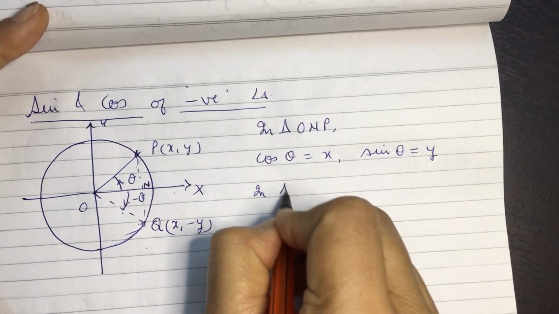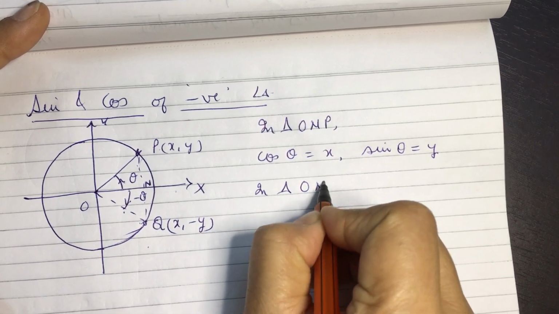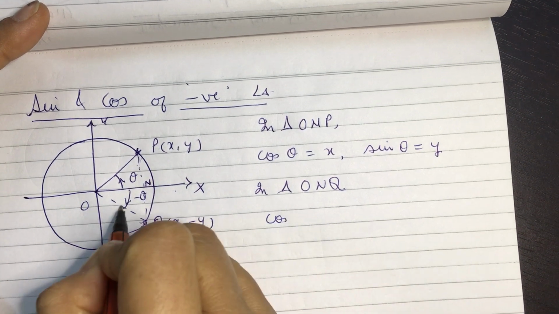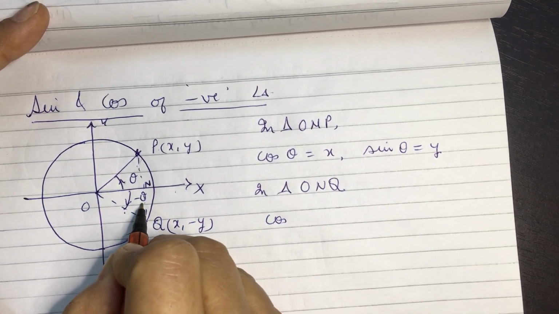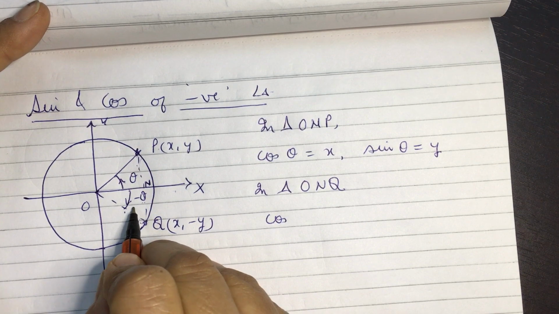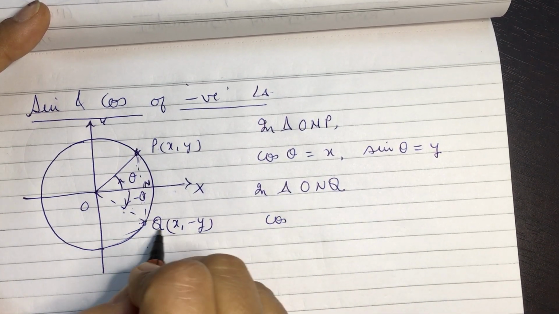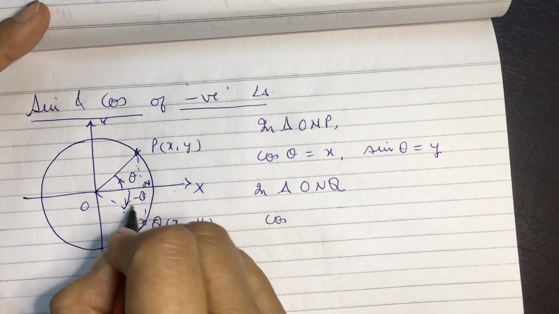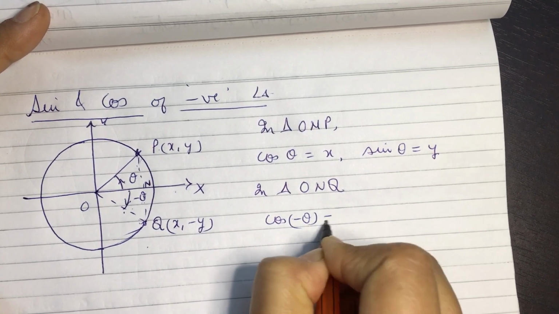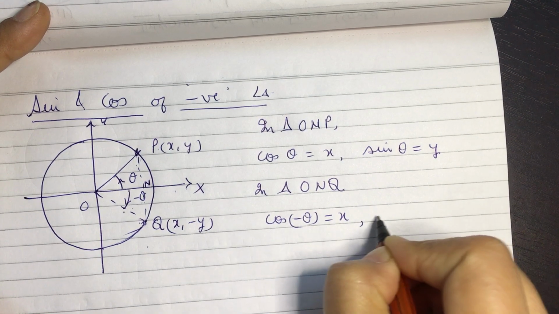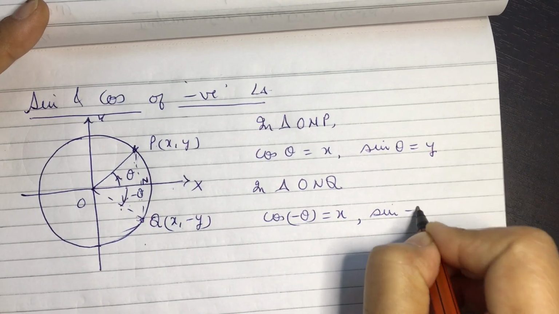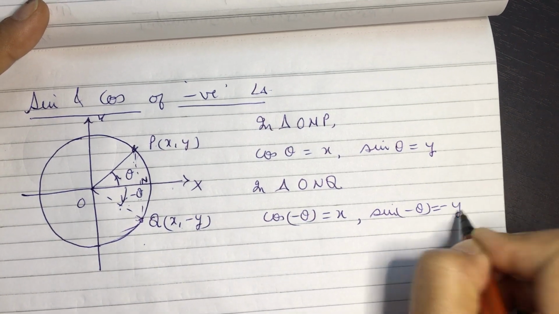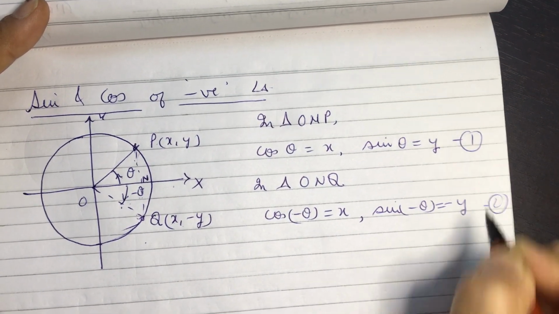Now in triangle ONQ, we have the x coordinate as cos, but the angle is minus theta here, so x equal to cos of minus theta, and sine of minus theta equal to, here the y coordinate is minus y. This is 1, this is 2.